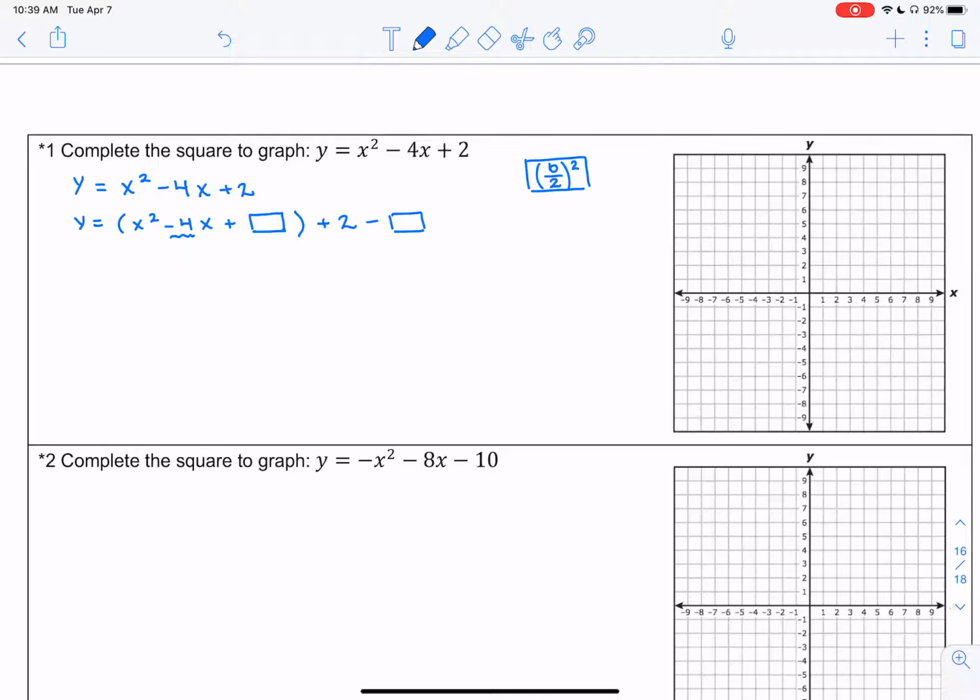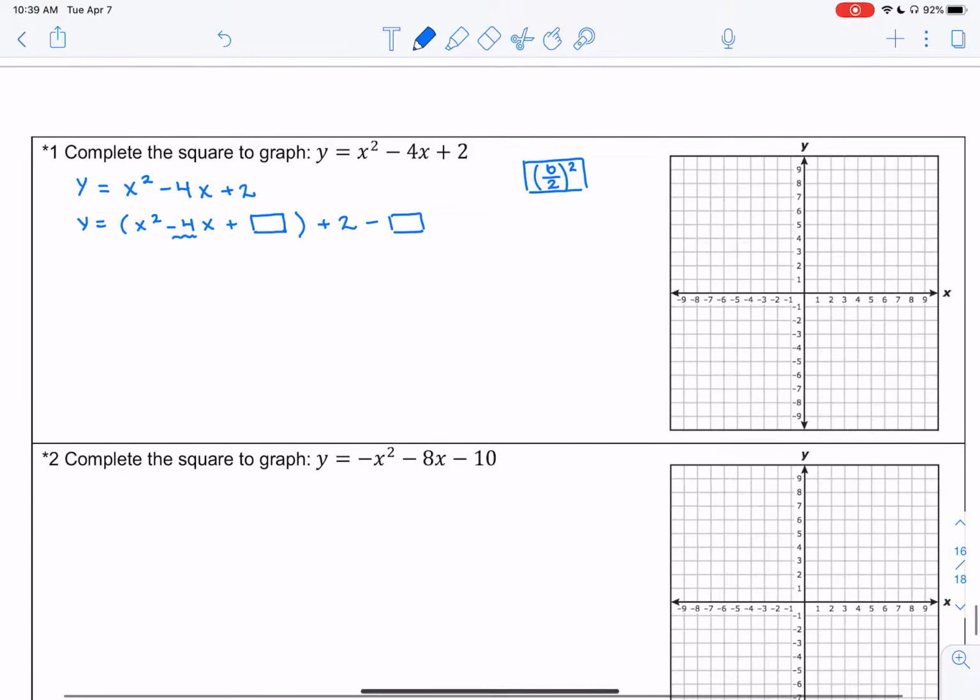And we square it, we get a positive 4. When I go back for my magic value here, negative 2 squared, and that's going to become 4. And I make sure that my magic box, that same number, gets subtracted outside.